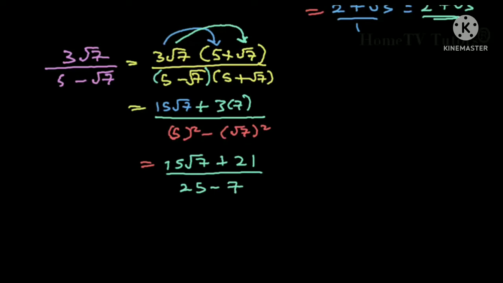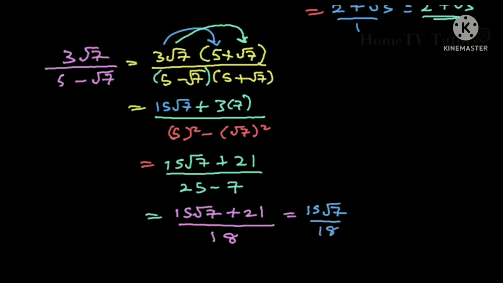So now we have the numerator 15 square root 7 plus 21, then at the denominator we have 25 minus 7, which will give us 18. Good. Alright, is this the final answer? No, this can still be simplified. So now we have 15 square root 7 over 18 plus 21 over 18.